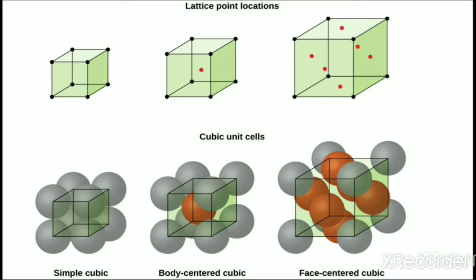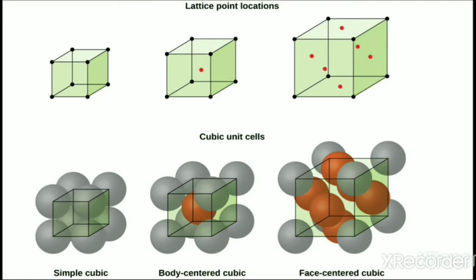See here given below, the 8 points at the 8 corners of the cube make the primitive unit cell. Then 8 at the corners and 1 at the center of the body of a unit cell. And in FCC, all the constituent particles lie at each corner, meaning the 8 corners of the cube, and 6 particles are present at the 6 faces of the cube.